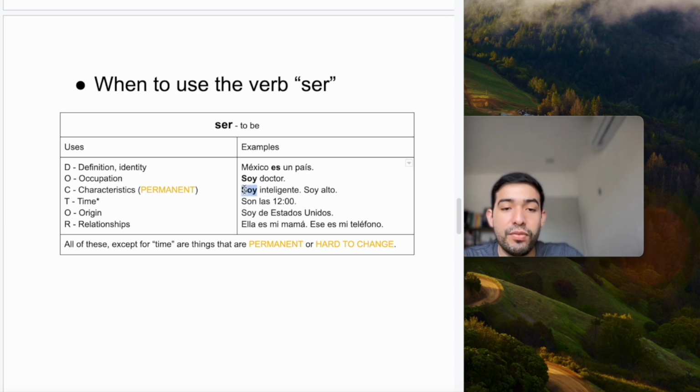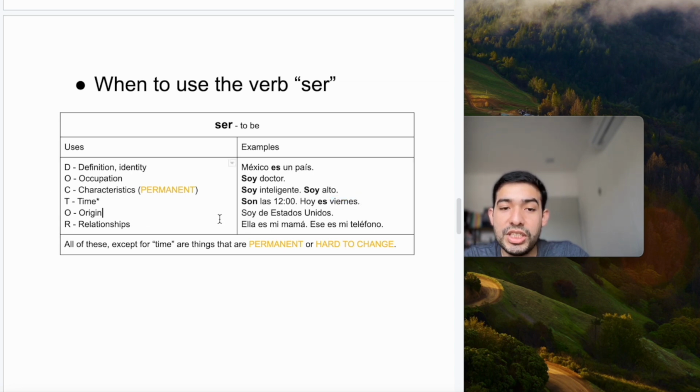So we use it for characteristics that are permanent. T stands for time, which is obviously an exception because every second is different and it's always changing. For example, we would say son las 12. And also for days of the week, like hoy es viernes. Today is Friday. ¿Sí? Muy bien.